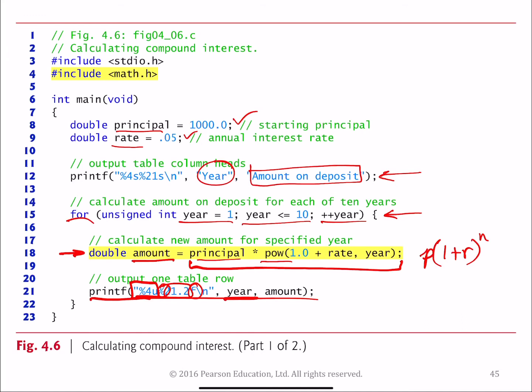Now this power function is not part of the header file that we're already using, stdio.h. This function is included in another library in C, and that library is math.h. And so whenever you want to use this particular function, the power function, you have to include the math.h, the math header file.